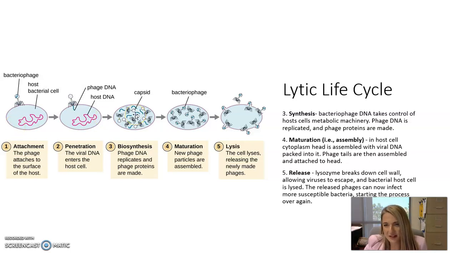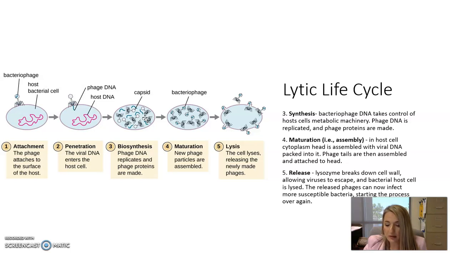In the synthesis stage, the bacterial cell, which is the host cell, is going to produce all the parts of the bacteriophage. It's going to make thousands of copies of phage DNA for all the new bacteriophages. It's going to make all the different proteins that are needed to make up the bacteriophages.